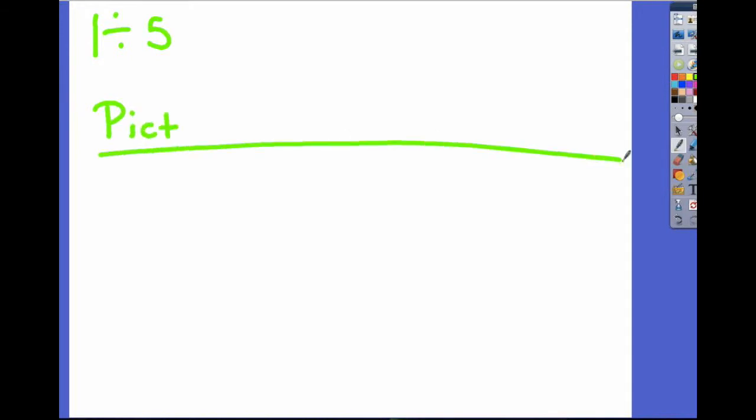So the question that we have in front of us is, what is 1 divided by 5? And first, we're going to draw a picture. So on your paper, you're going to write picture. Then you're going to have a unit.